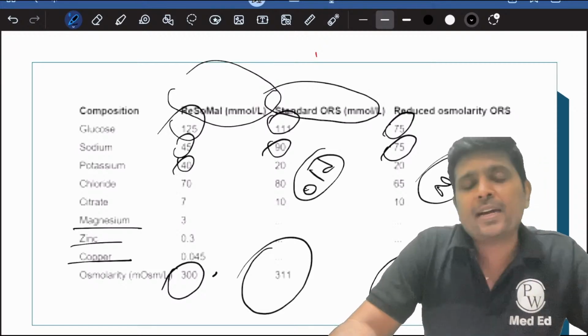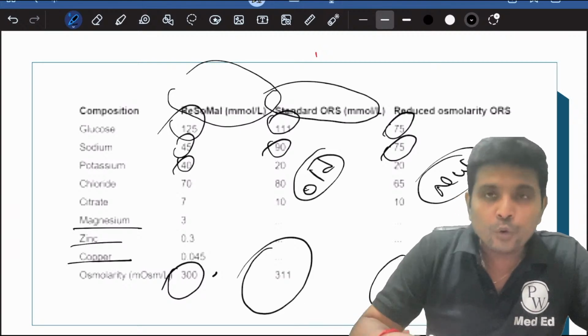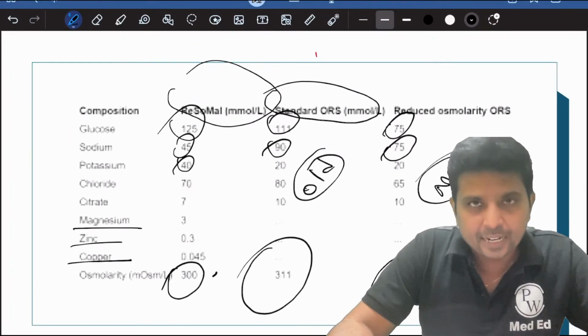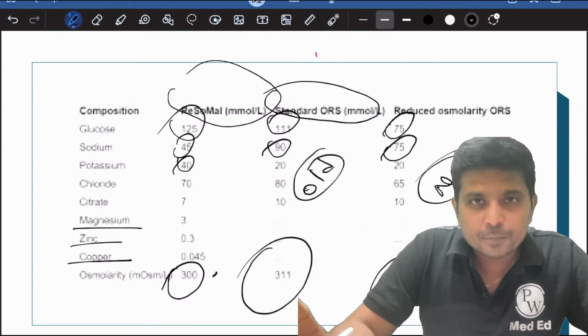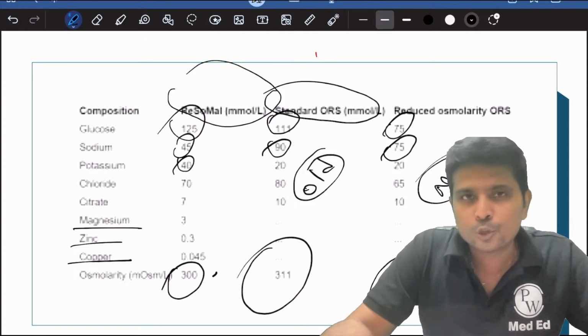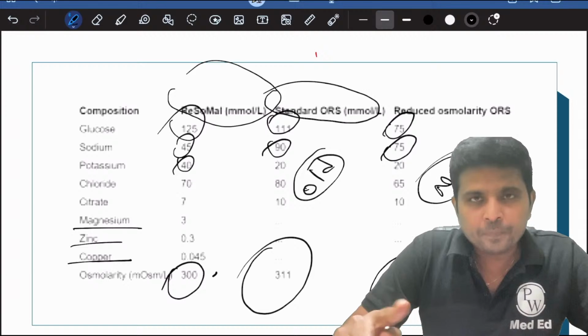I repeat again, my dear friends, the osmolality of old standard ORS is 311, new ORS is 245, whereas ReSoMal is 300. The sodium content was 90 in the old, reduced to 75 in new WHO ORS, which is reduced to 45 in ReSoMal.